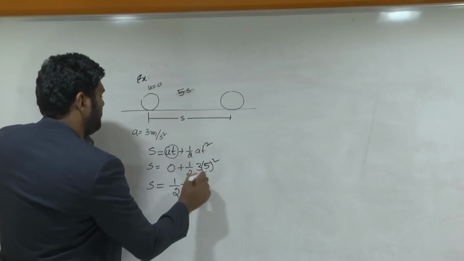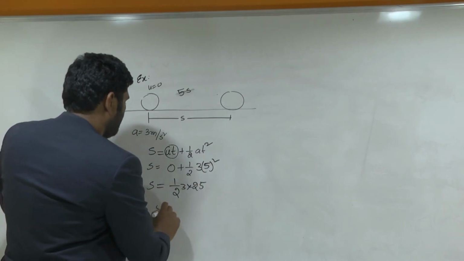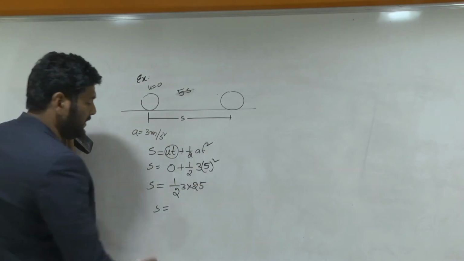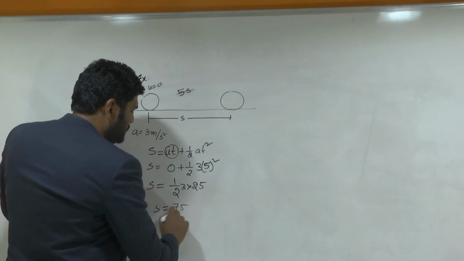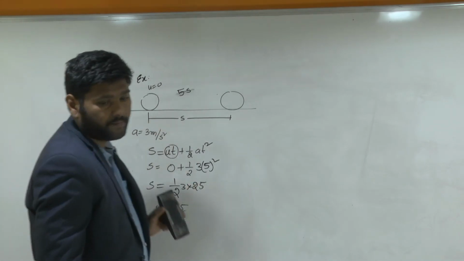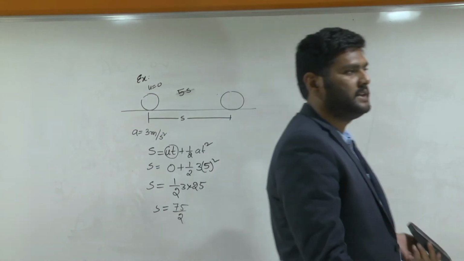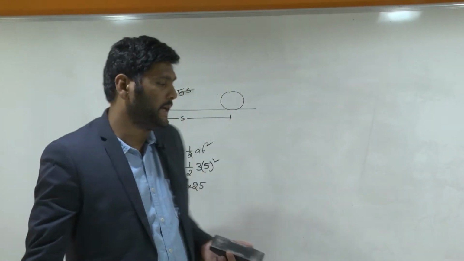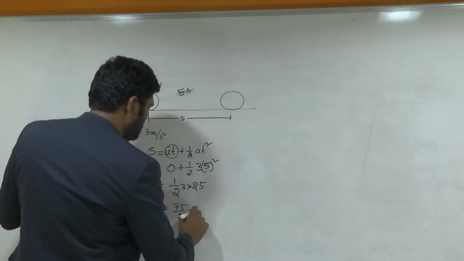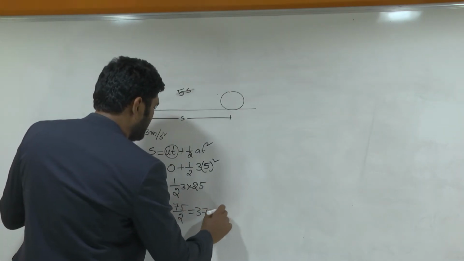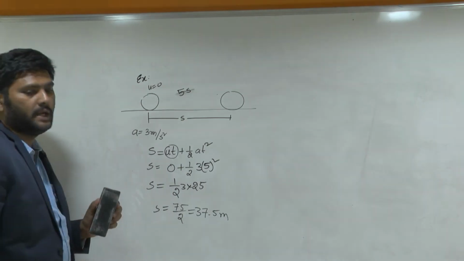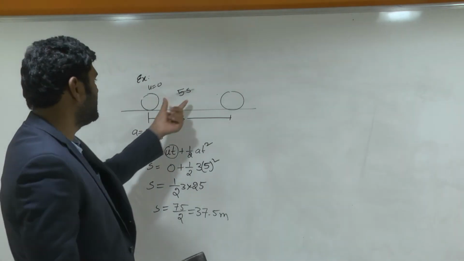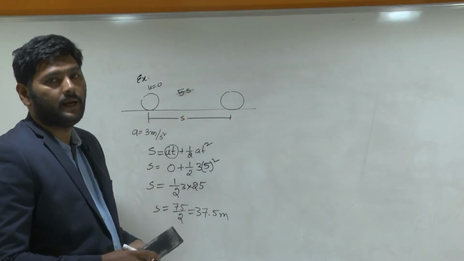What is 5 square? It is 25. 3 into 25 is 75 by 2, half of 75. Tell me. 37.5. Very good. 37.5 meters distance is covered in this 5 seconds time. Understood?